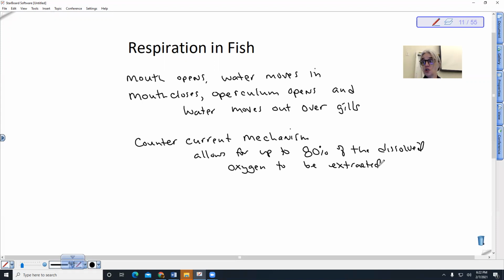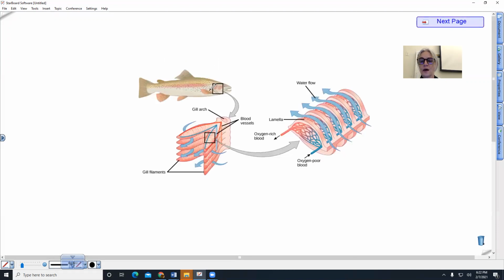Okay, so let's look at a diagram that shows this. It doesn't really show the operculum, but here this is the gill and the gill arches. This is what shows the countercurrent exchange. So what is current? What is moving? We have water flowing in one direction, and we have blood flowing in the other direction.